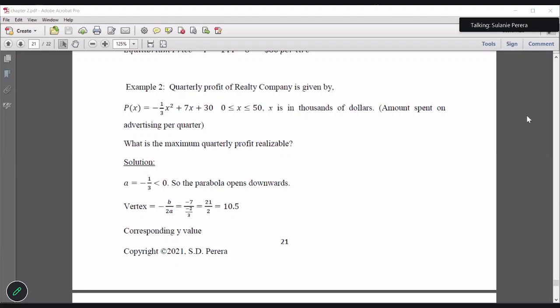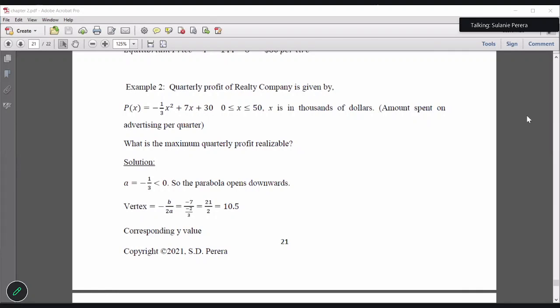Unmute yourself. Yes, madam. Okay, so tell me, how do you know whether this is maximum or minimum? The sign of a, madam. Yes, the sign of a is minus. Very good.